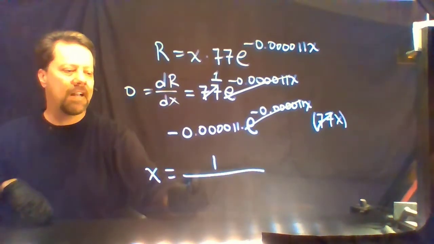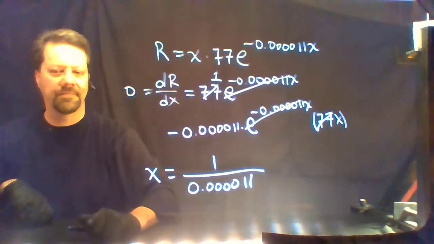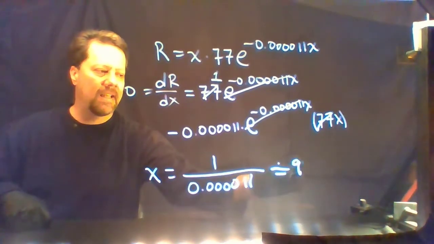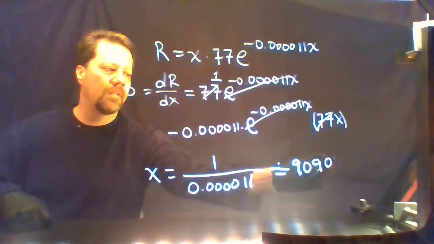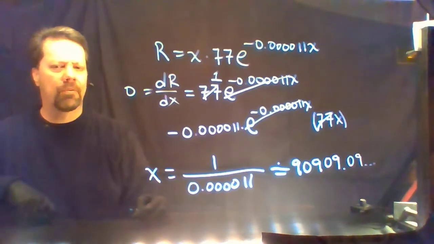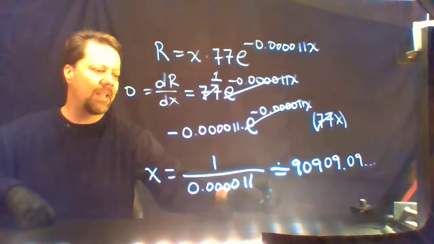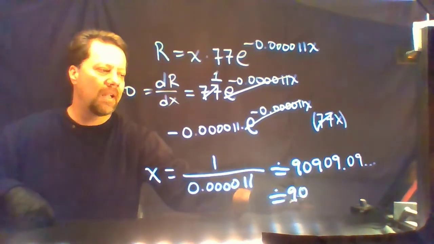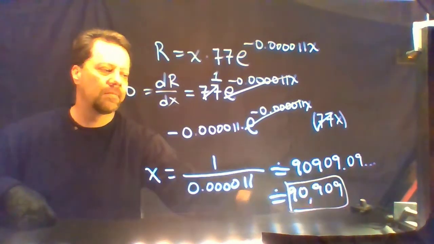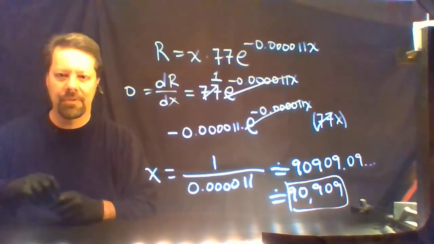So it'll be 1 divided by 0.000011. How much is that? That's approximately 90909.09, etc. If we're rounding to the nearest whole widget, that's going to be about 90,909. This is the level of production that gives you the maximum revenue.